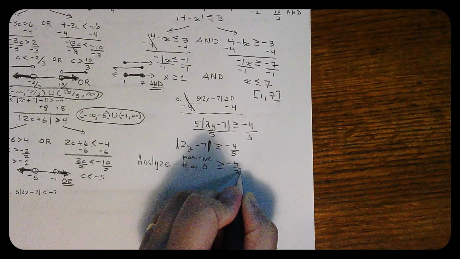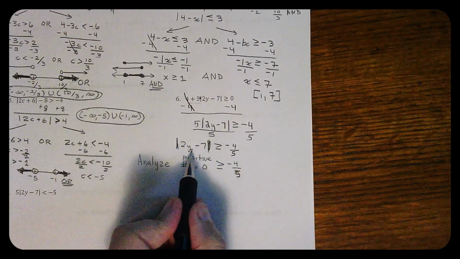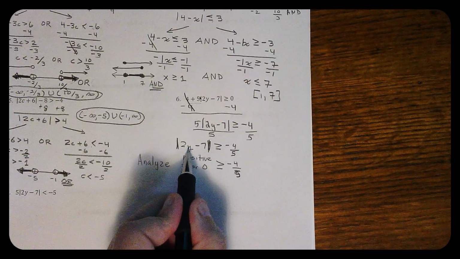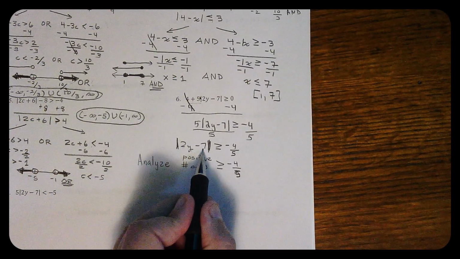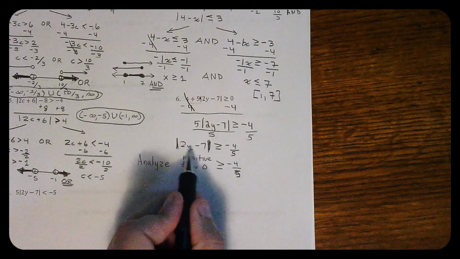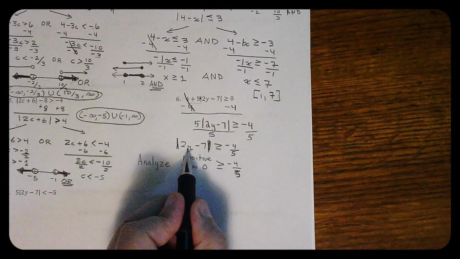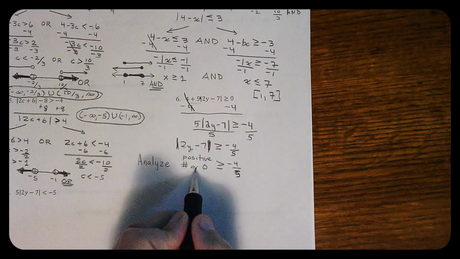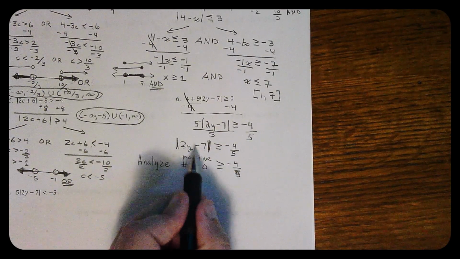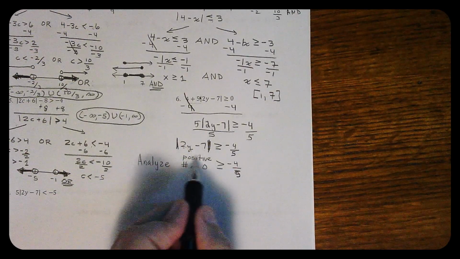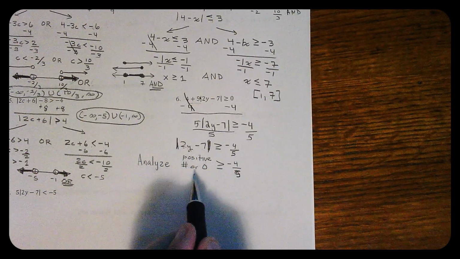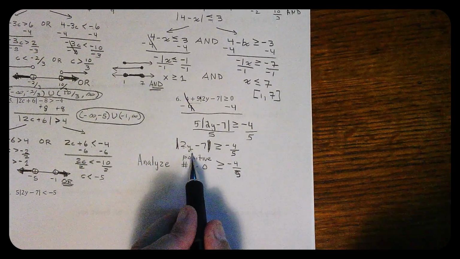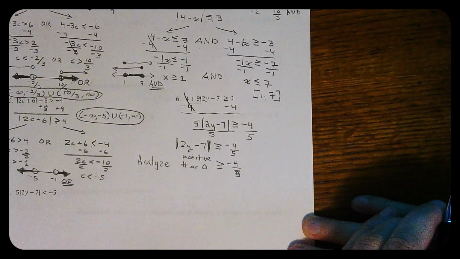So no matter what you put in for y, if you put in negative 2, you get negative 11. Absolute value of negative 11 is positive 11. If you put in positive 2, you get negative 3. Absolute value of negative 3 is positive 3. It doesn't matter what you put in for y, you're going to get positive. And remember, solving means what's the value of y that makes a true statement.